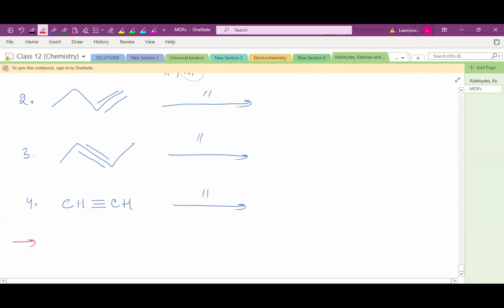And in your notes, after doing this question, just remember formaldehyde, HCHO. Formaldehyde cannot be prepared by this method.